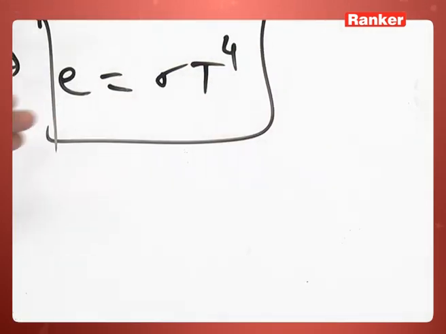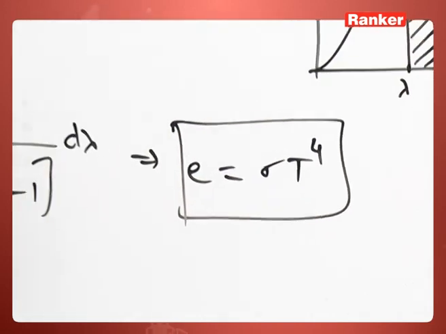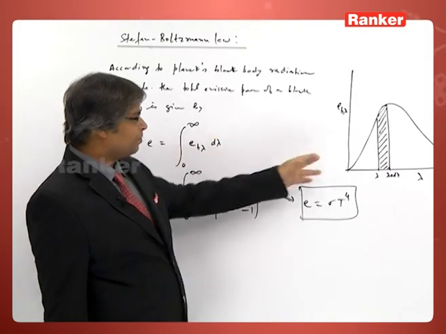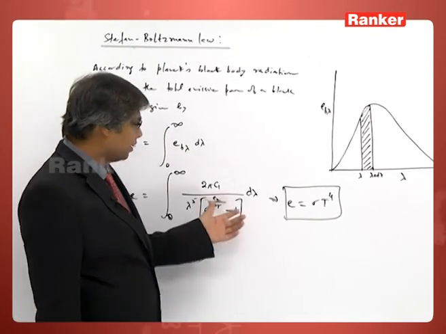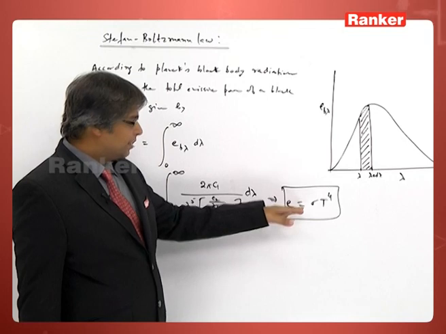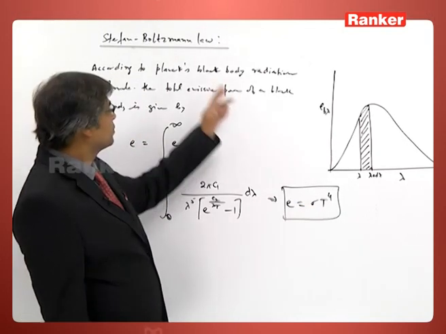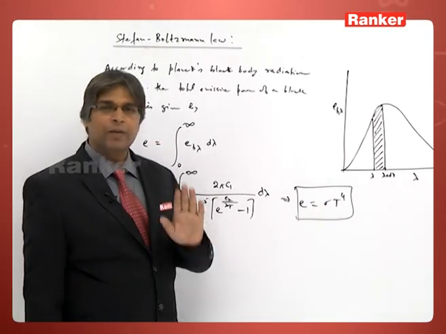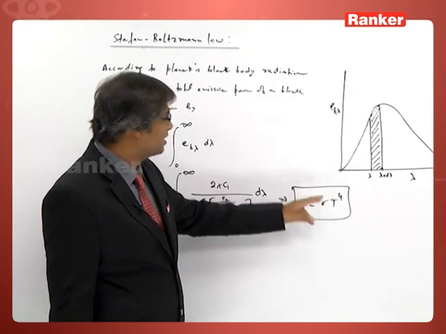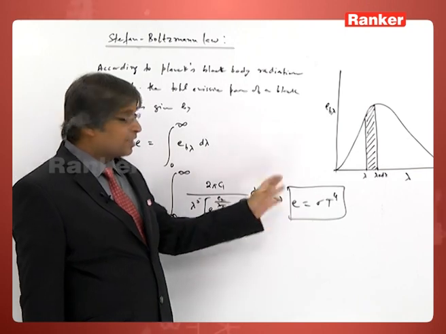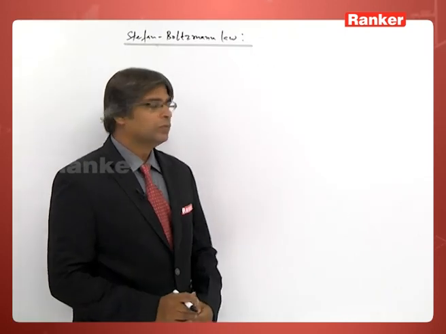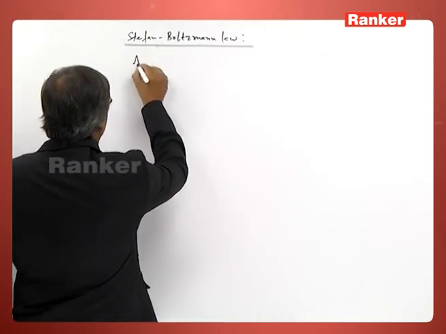This is the result which will come if I integrate this expression derived from the Planck's radiation formula. This result was obtained by Stefan with the help of the second law of thermodynamics, and the same result by Maxwell by statistical mechanics.